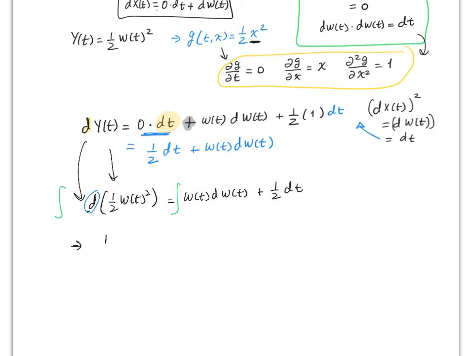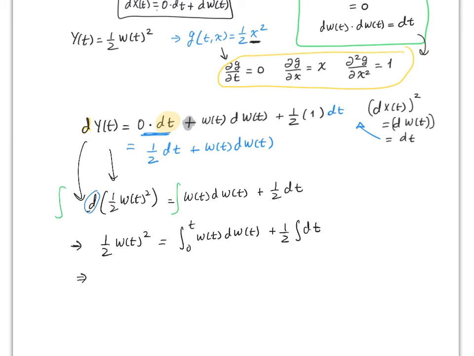So if you integrate both sides, on the left side you'll have 1/2 wt squared. On the right side, this is going to be the integral from 0 to t of wt dwt plus 1/2 dt. Remember the integral of dt is just t.